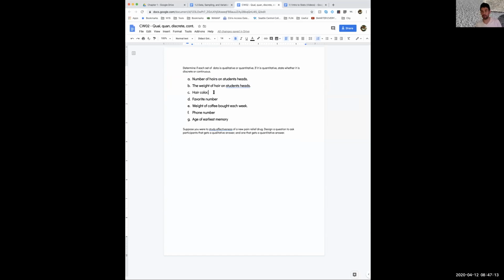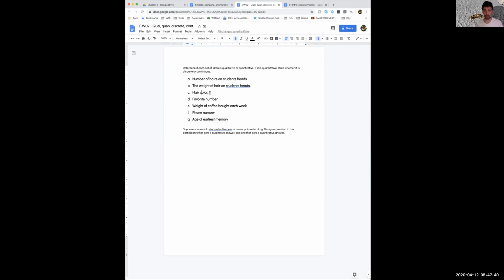What I'm doing with this example is we're going to decide if each kind of data is qualitative or quantitative, and then if it's quantitative, whether it's discrete or continuous. We already did hairs on student heads and the weight of hair on students' heads. These are both quantitative data. The first one is discrete. The second one is continuous.